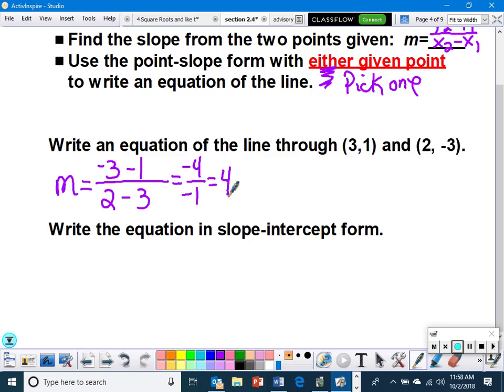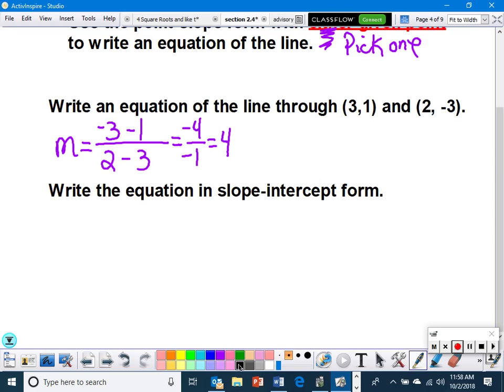Then I'm going to rewrite the equation so we can see the numbers getting plugged in. So y minus y1 equals the slope times x minus x1. Here we go. So now we're going to pick one of the ordered pairs. We can either pick this one or we can pick that one. It does not matter. I'm going to pick the first one.